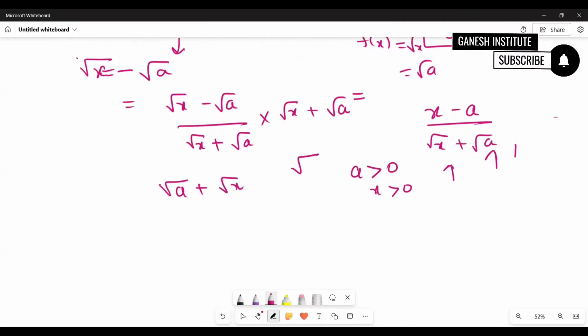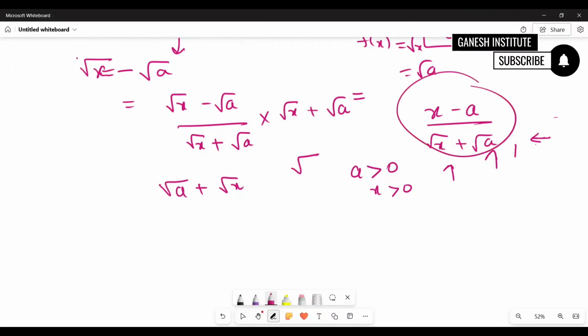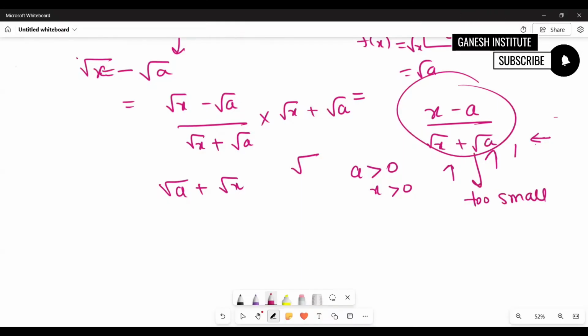If a is more than 0 and x is more than 0, then the denominator value will be too large and the whole fraction is too small, so again it could go to 0. But isn't there the possibility that x is really, really big and a is like 1? So that's what I'm trying to prove, that a and x are almost closer to each other.